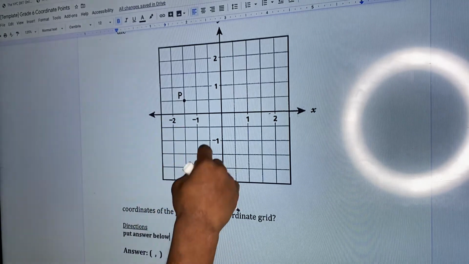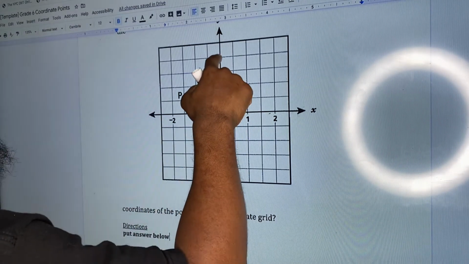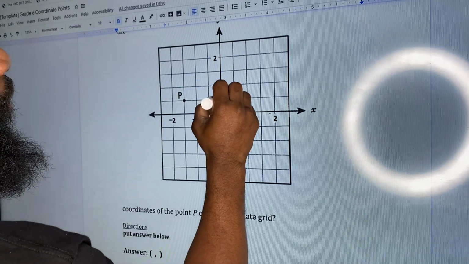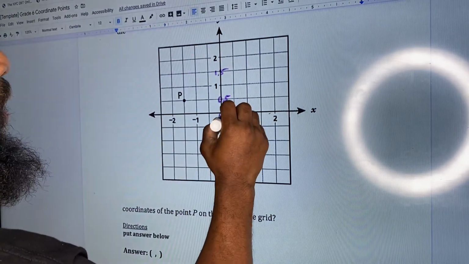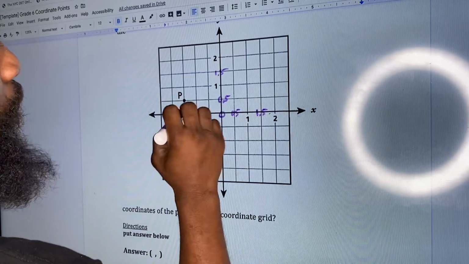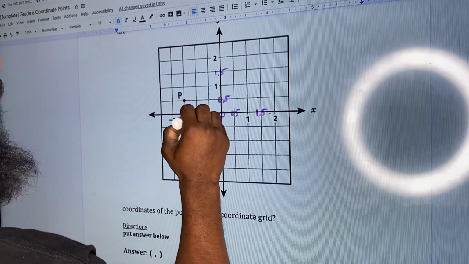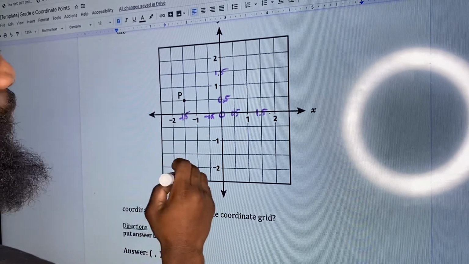So as you can see, this starts 0 here, and 1, and then 2. In between would be 1/2, 1, 1.5, 2. Here, 0.5, that's a half, 1, 1.5, 2. 0, -0.5, 1, -1, -1.5, 2, -2.